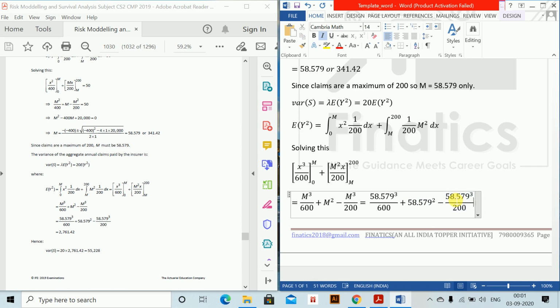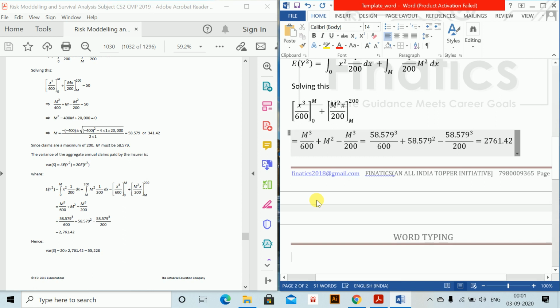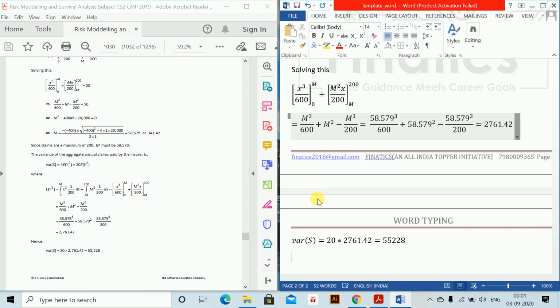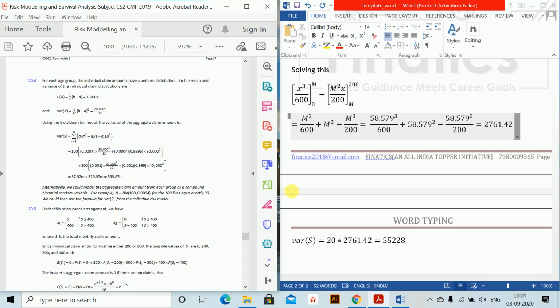If you solve this, it is equal to 2761.42. Hence variance of S is equal to 20 times 2761.42, which is equal to 55228. Okay, complete. Coming to the next sum.